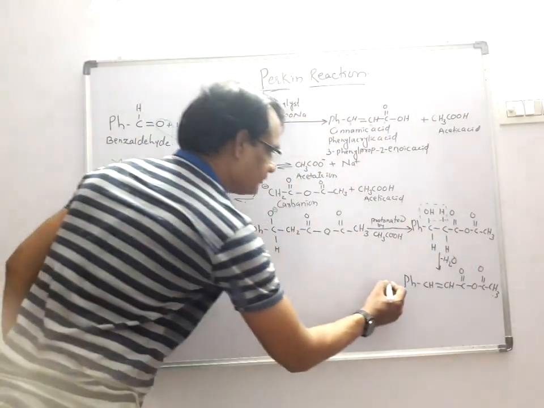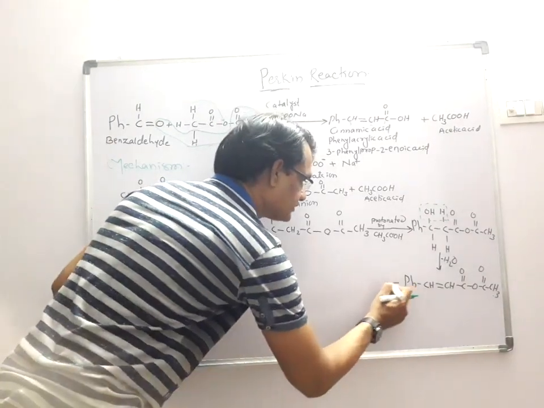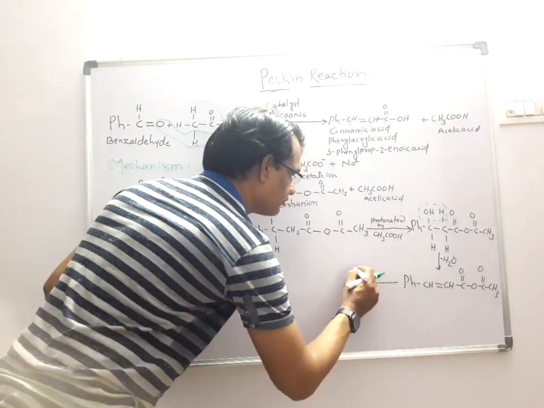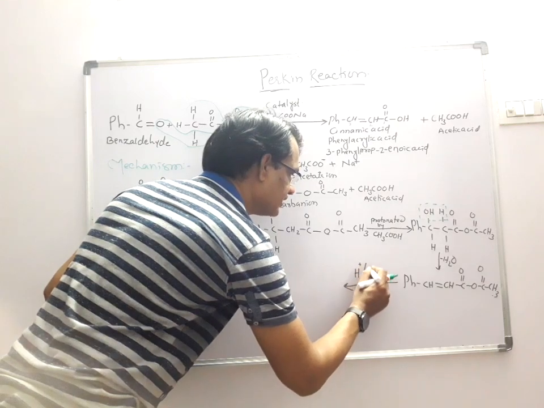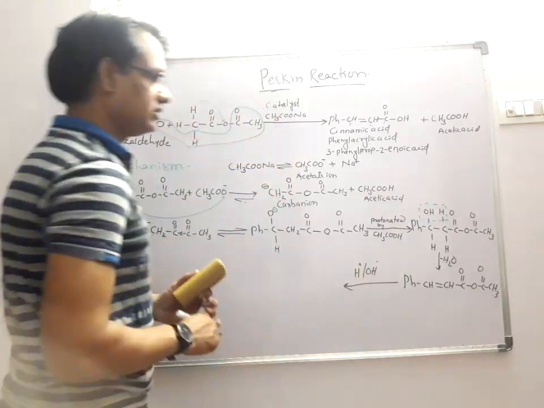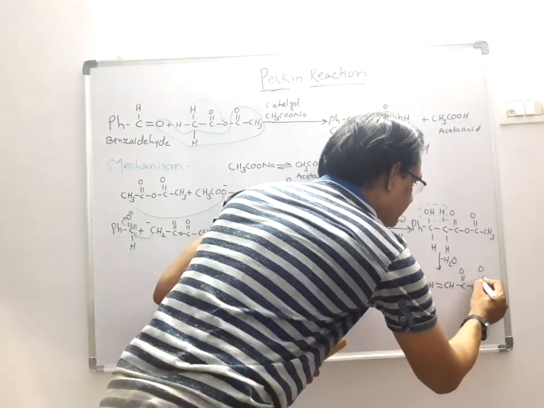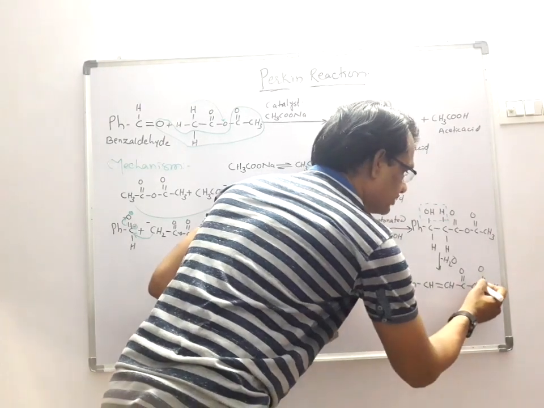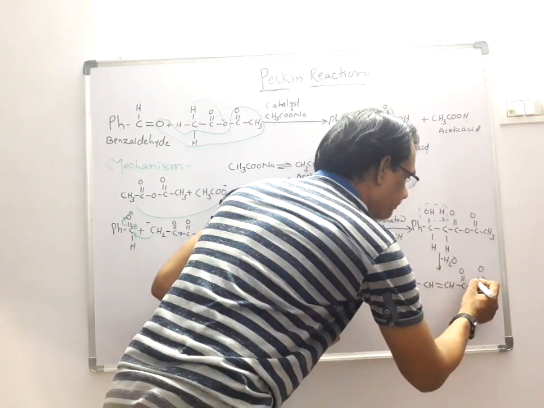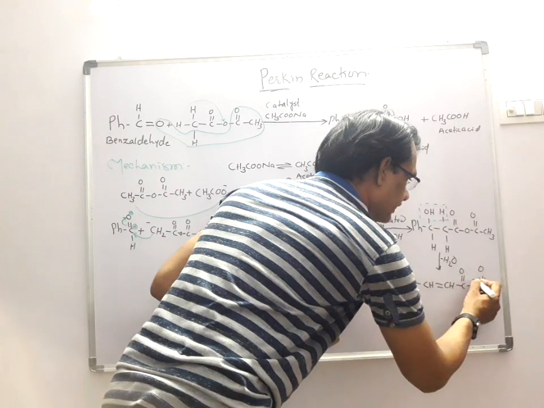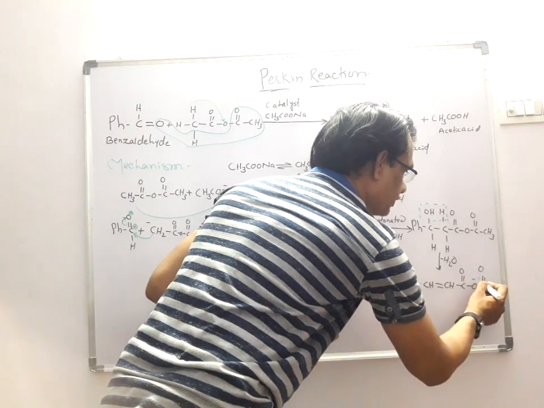In the next step, we will hydrolyze this compound with water, that is H plus and OH minus. So this bond will break from here, and when this bond breaks, one part acquires a negative sign and the other acquires a positive sign.